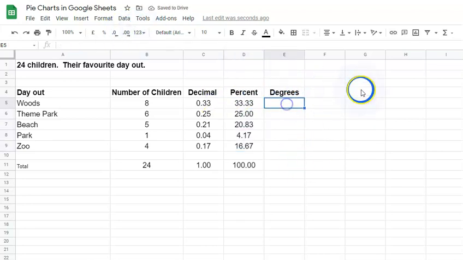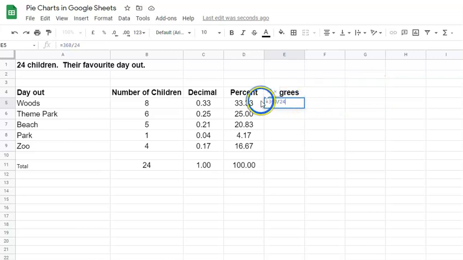And then finally, if we're drawing a pie chart by hand, we definitely need the number of degrees for each slice. And to get the number of degrees for each slice, we need to divide 360, that's the degrees in a circle, by the number of children there are, which is 24. So I'll just put 24 in there.